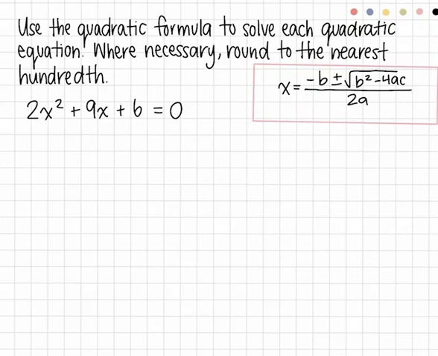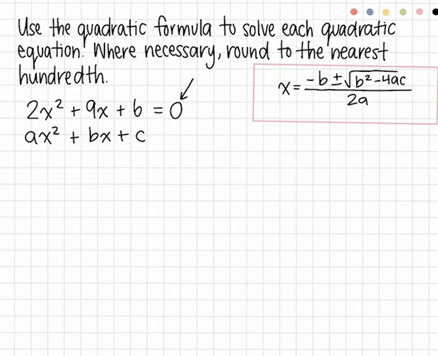So what we're going to do is look at the quadratic equation we've just been given. It is in the form of ax squared plus bx plus c. We know that when we're looking for the x-intercepts, we have to set the equation equal to 0. They've already done that for us. It's already all set up and arranged nicely.